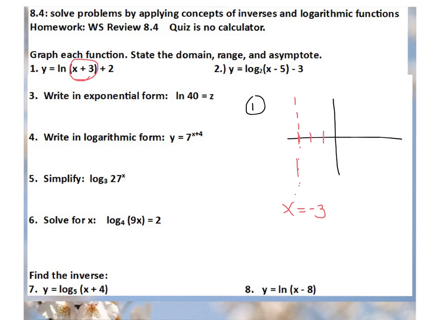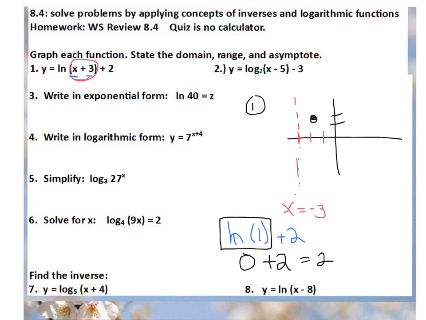So that would be -2. When you plug in -2, we're going to get -2 plus 3, which is 1. So now to evaluate this part of the equation, e to what power is 1? That's 0. So our coordinate of our key point is going to be -2, 2.